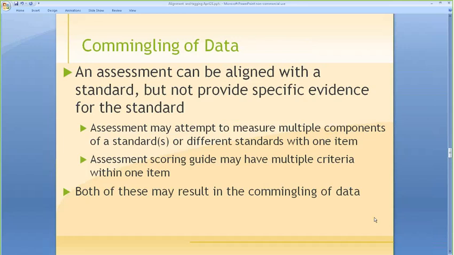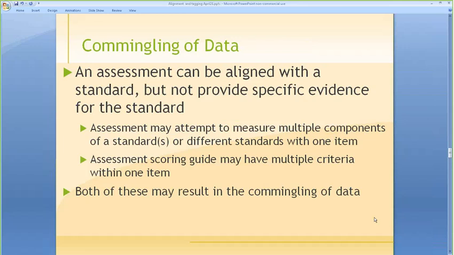So one of the cautions, not so much a concern but a caution, is about commingling data: an assessment can be aligned with the standard, but it may not provide specific evidence for the standard. An assessment may attempt to measure multiple components of a standard or different standards within one item.